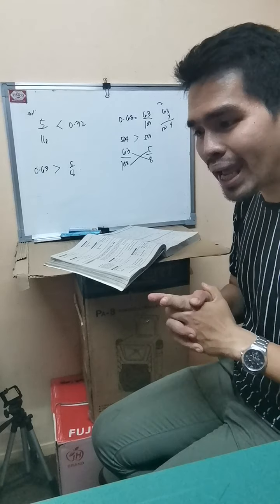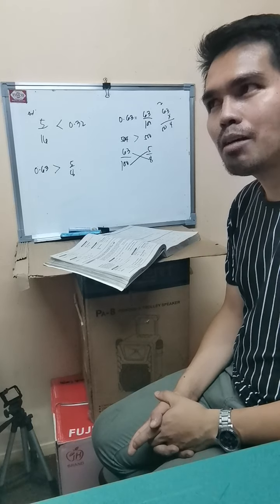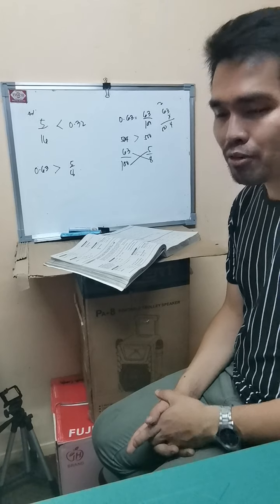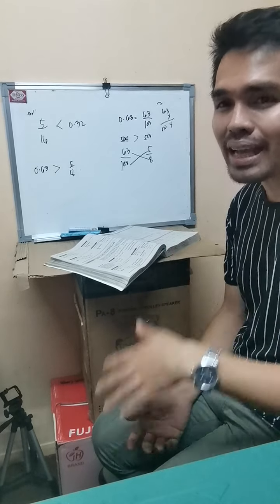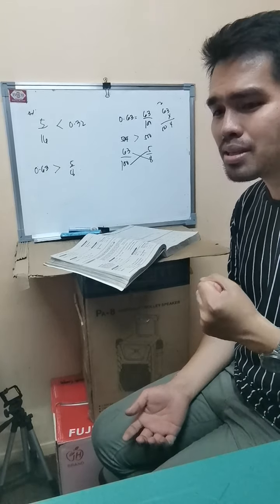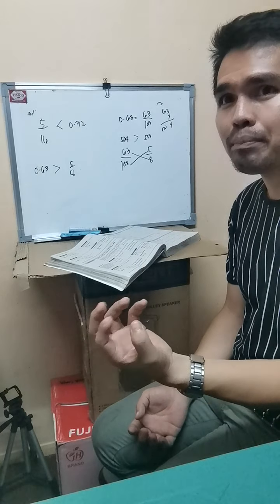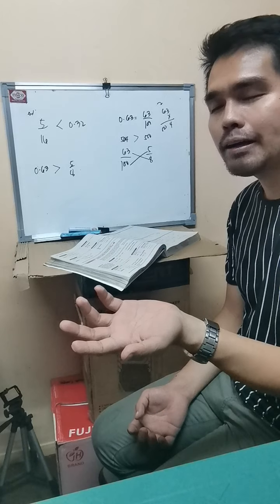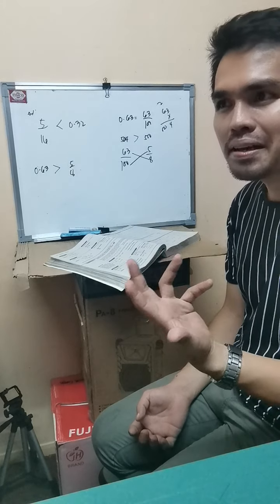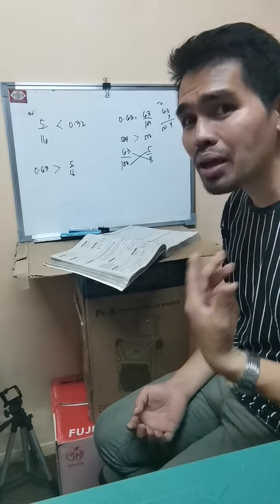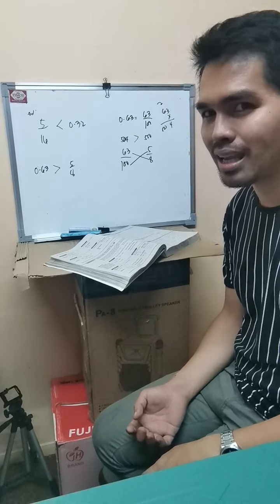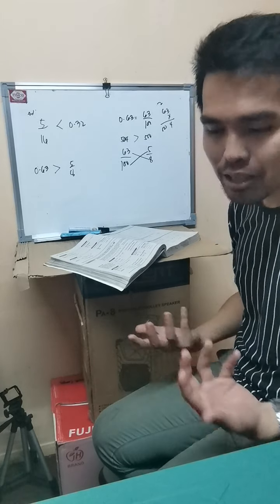You know why? Sometimes it's marketing strategies. For example, the 999.99. Why not 1,000? Because sometimes they try to lure customers into thinking, oh, this one is way cheaper because it's not yet 1,000, where in fact its value is just 1,000.